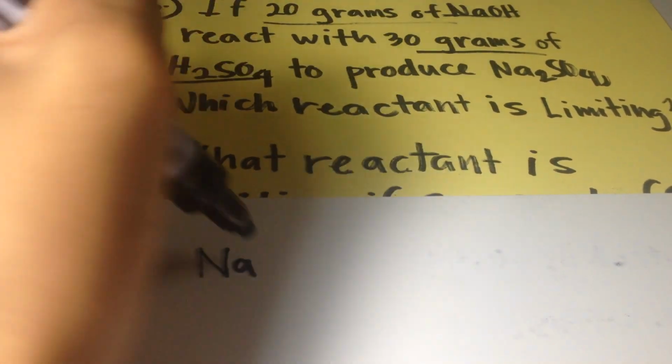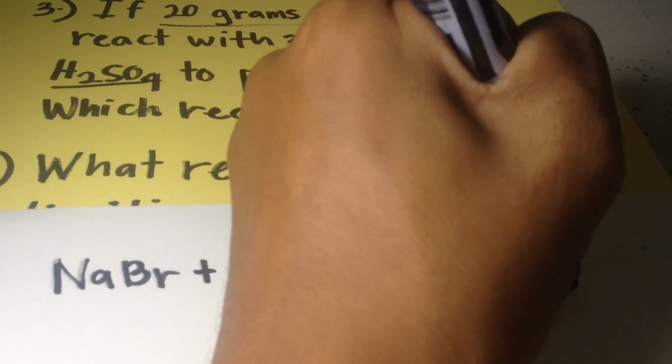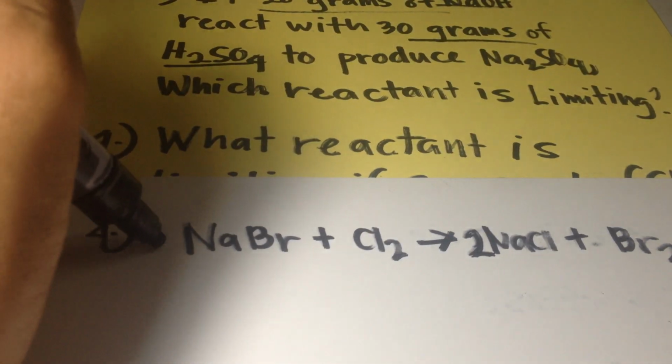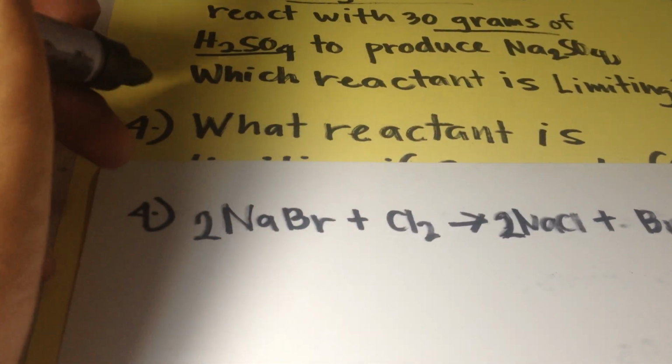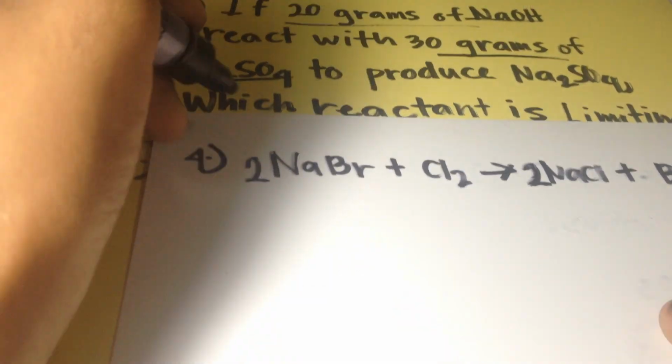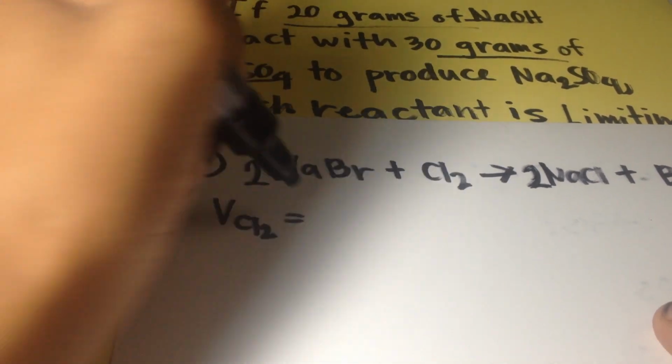Sodium bromide plus chlorine gas reacts to sodium chloride plus bromine gas. This is not balanced yet, so you write a 2 coefficient here and then 2 here. So it's completely balanced. And then we have a given volume of chlorine gas here, which is 3000 ml. So the volume of chlorine gas is equal to 3000 ml.